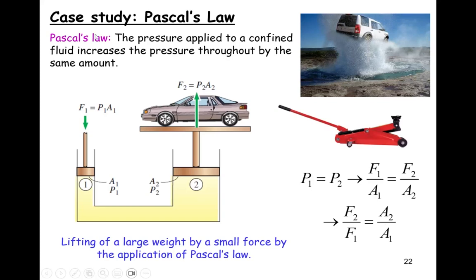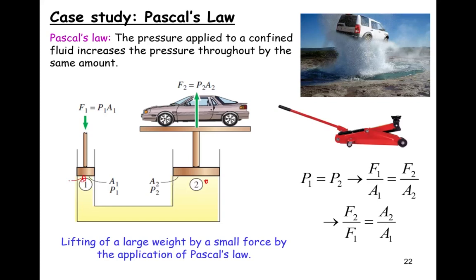Another one is Pascal's law. It says the pressure applied to a confined fluid increases the pressure throughout by the same amount. What does that mean? The pressure is transmitted from here. If we apply a pressure here, it will be transmitted here.